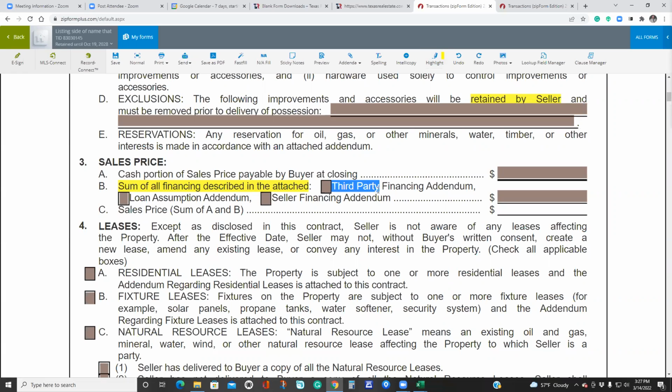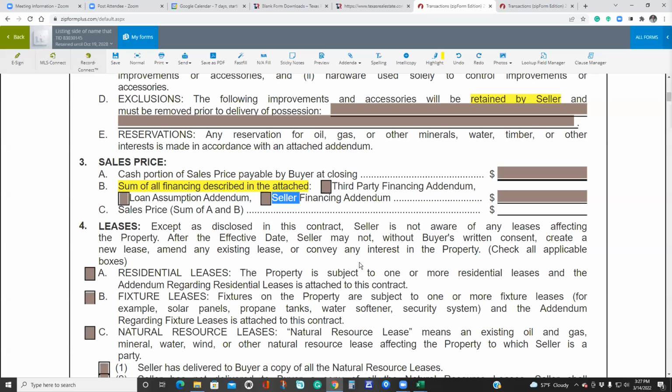There's a possibility that you have third party and seller financing. So they may be doing third party financing. We see this sometimes with conventional, for example, where they do an 80-10-10 or 80-15-5. So they're doing 80 loan.